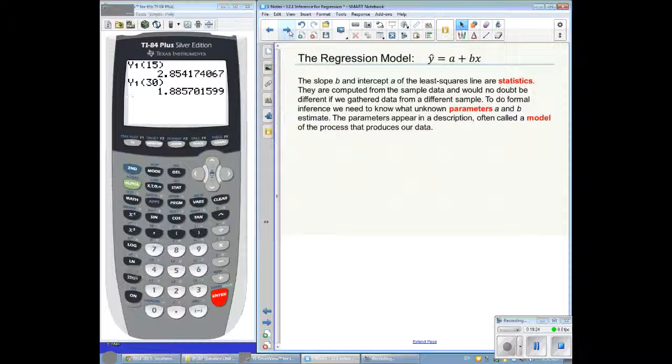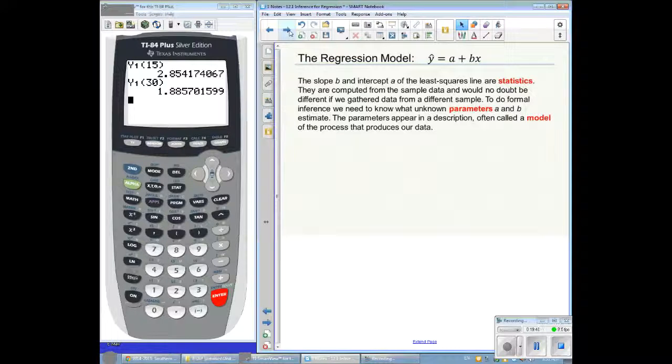And so if we were to take a different sample, obviously we'd get a different regression equation. And so if we want to do formal inference, then we need to know a little bit more about the unknown parameters that a and b are estimating. And the parameters appear in what we often call a model of the process that produces our data.